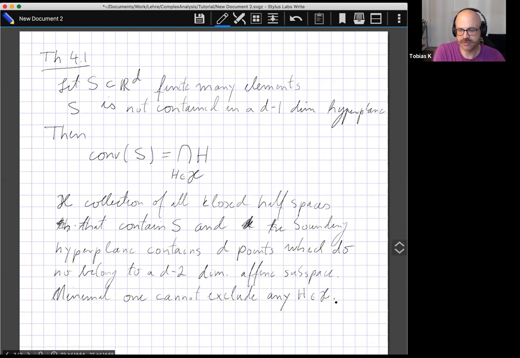Okay, let me give an example to make that clearer. So think about D equal to 3. To characterize a hyperplane, which would be a plane, an affine subspace of dimension 2, which does not necessarily go through 0, in 3 dimensions, how many points do I need? I need 3 points to fix a plane.